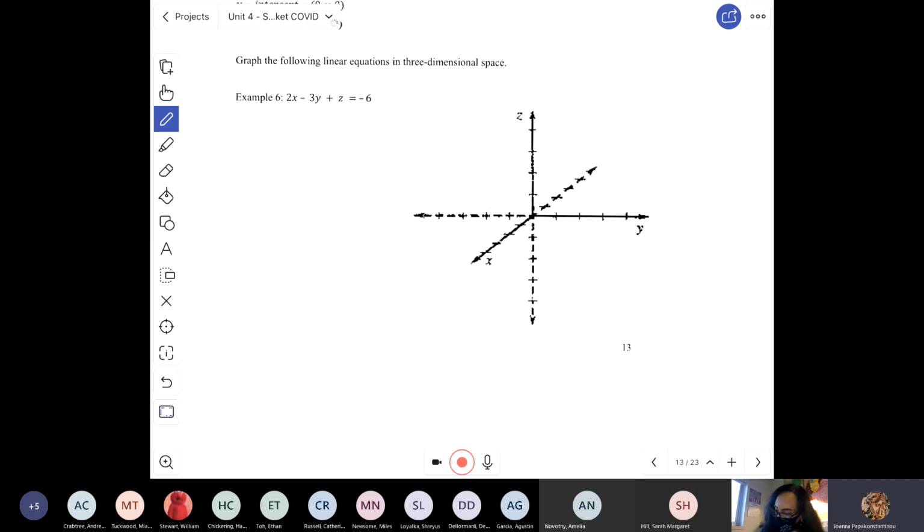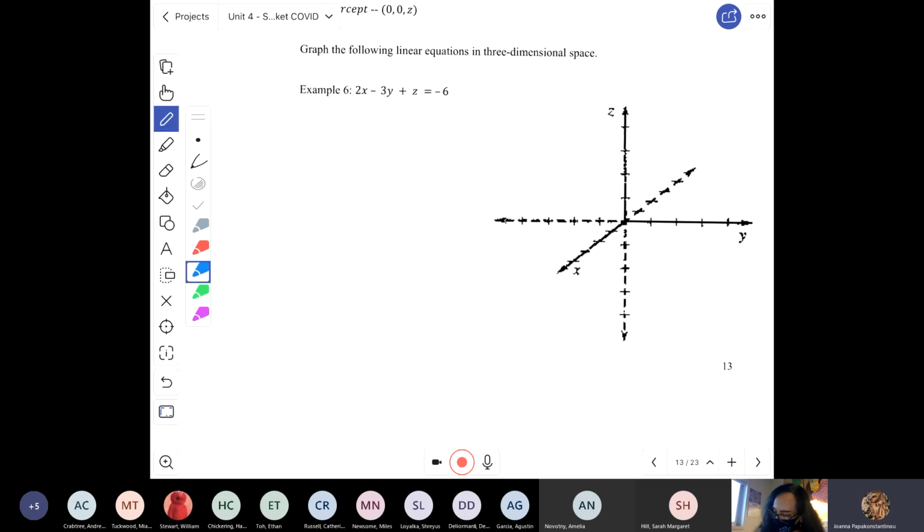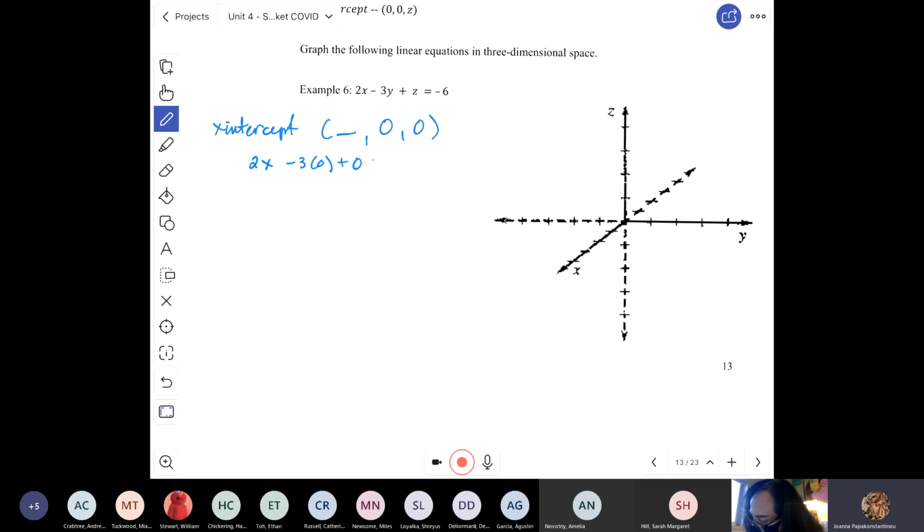Let's say the x-intercept. I'm looking for the x value for when y and z are 0. So I'm going to go to the original equation, and I'm going to set y and z to 0. And what do I get for x?